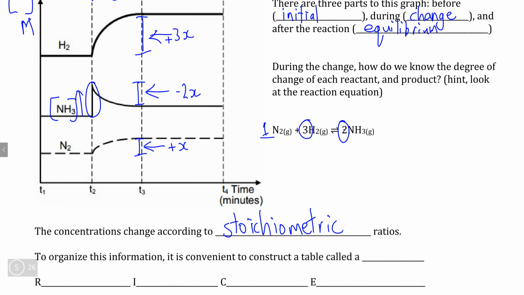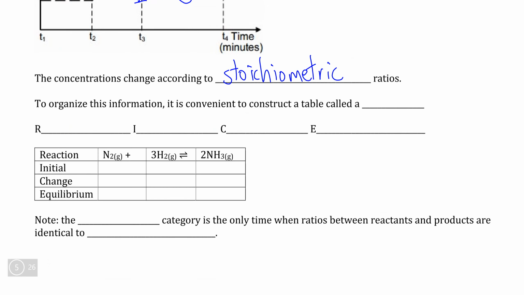Now, what this allows us to do is, if we know the initial concentrations of all of our reactants and products, and if we can figure out what X is, either by calculation or by actually measuring it, we can figure out what these new equilibrium concentrations are mathematically using a tool that we call a RICE table, such as the one that we see below.